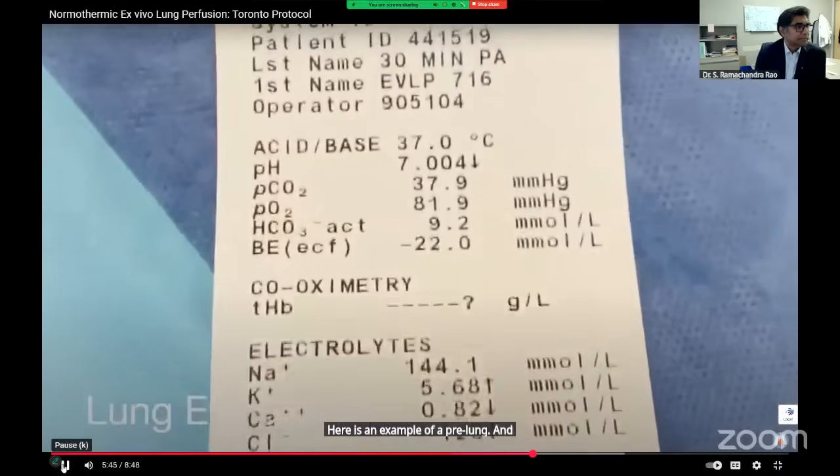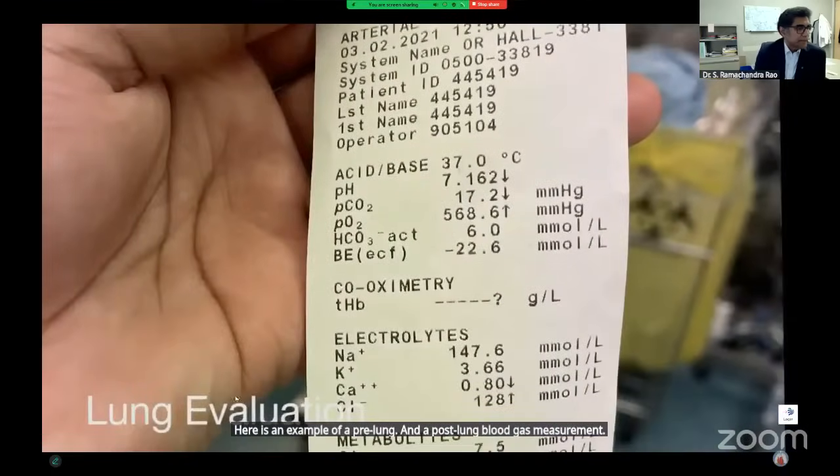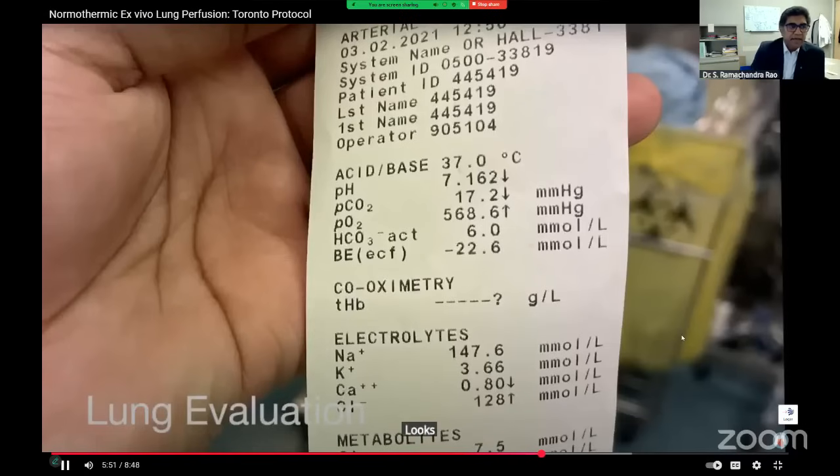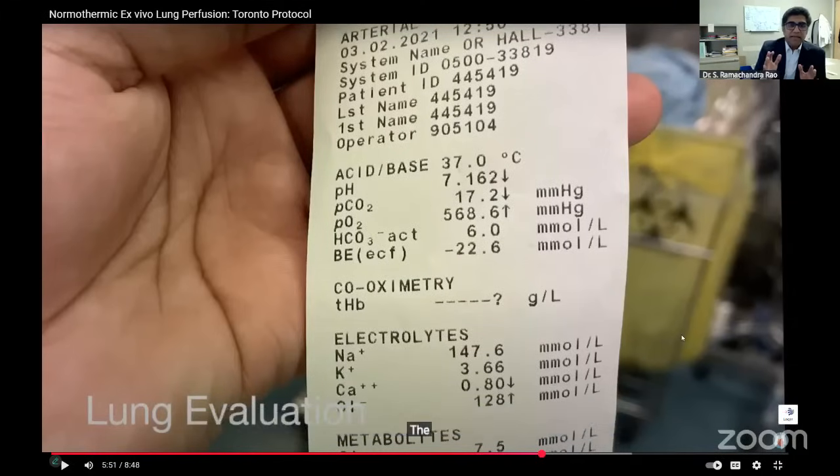Here is an example of a pre-lung and a post-lung blood gas measurement. Looks fantastic. And an anaerobic environment is not a problem at all. One other thing to make sure that you're monitoring these metabolic parameters is, if you all remember, the cold static preservation at 4 degrees seldom generates free radicals or acidic metabolites because it's hypothermic.